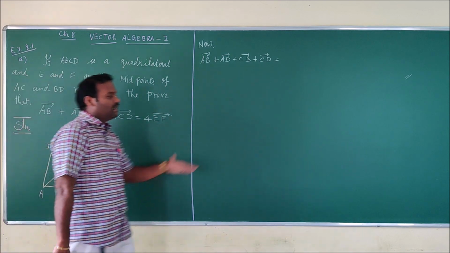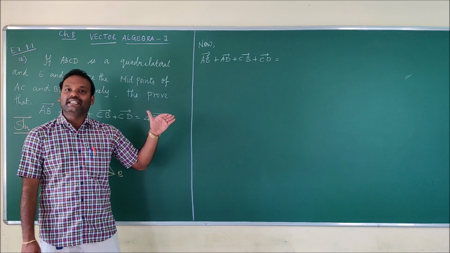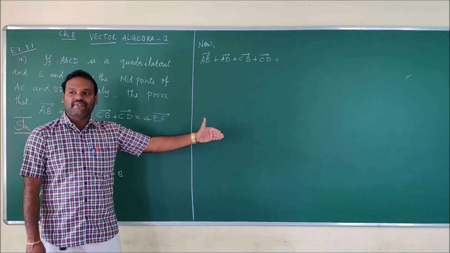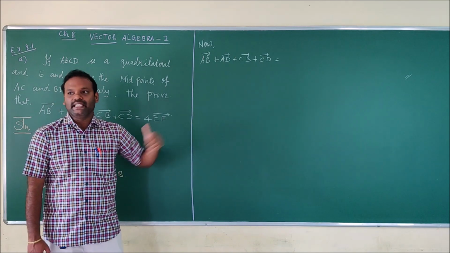When you are seeing all the 4 vectors, in all of them you are having EF vector in common. So when you are adding EF vector 4 times, you are having 4 into EF vector.